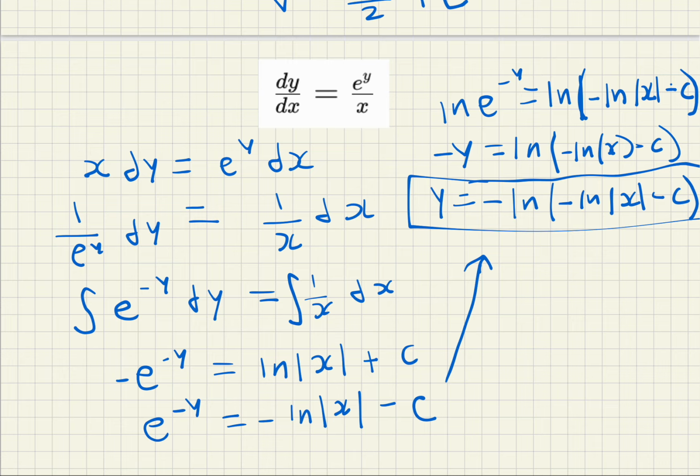So a few things to note. It's easy to integrate. I mean, usually it's easy to integrate, but most of the times you'll find it harder to isolate for y. And so it's really important to understand the correlation between natural log and e, because it will make your job much easier if you know these things beforehand.